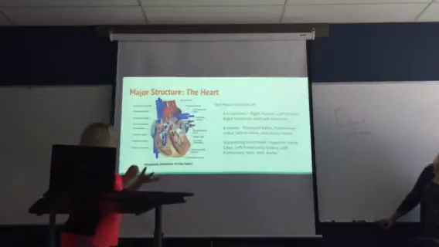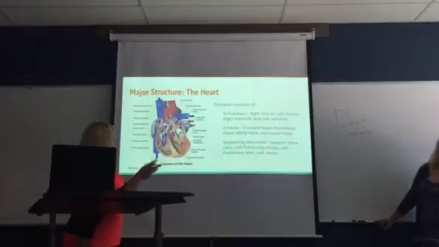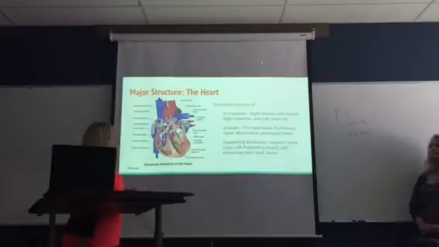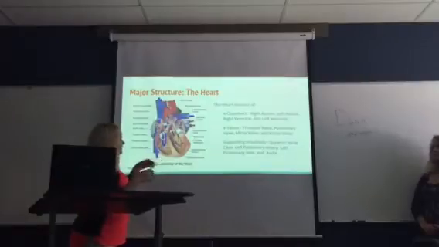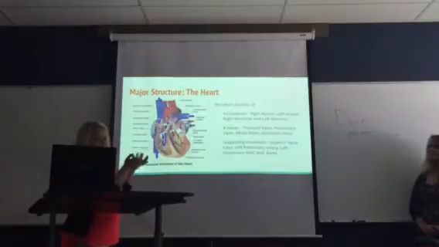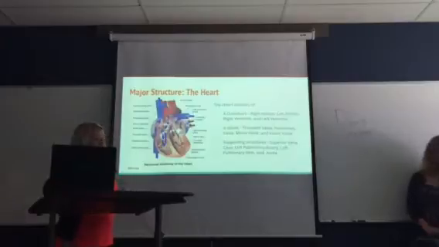Your left atrium's function is the dumping of the blood from the lungs, which is your oxygenated blood. And your left ventricle is your pumping throughout the rest of the body as it goes up into the air.